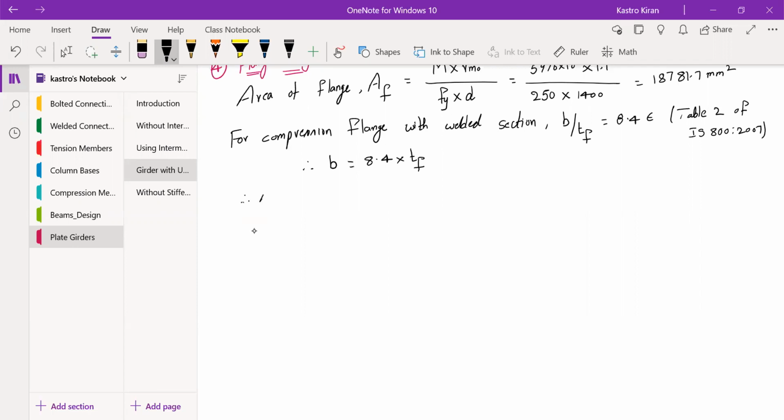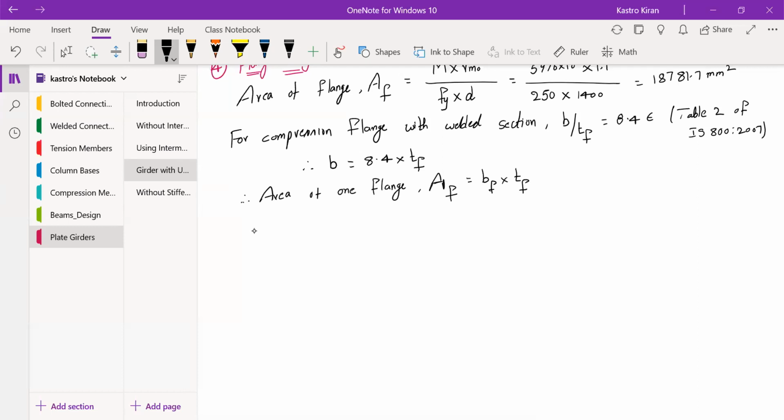Therefore, area of one flange, that is AF, equals, you know the formula of rectangle to find out area, that is width into thickness. So area of flange equals width of the flange into thickness of the flange.